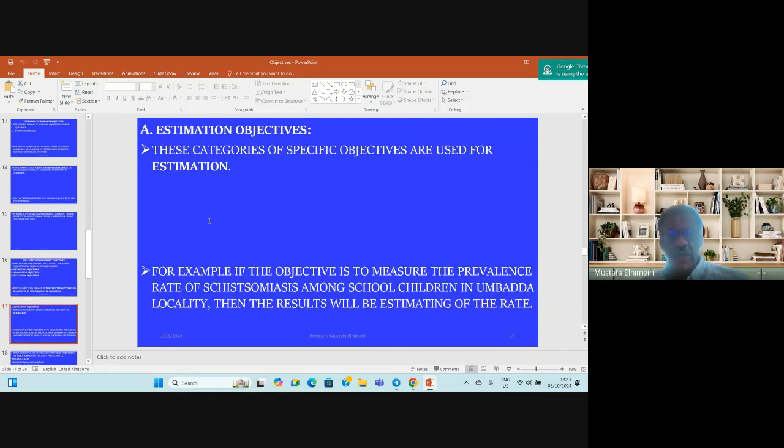Estimation objectives. These category-specific objectives are used for estimation and measurement. For example, if the objective is to measure the prevalence rate of schistosomiasis among school children in Umbadda locality, then the results will be estimating that rate.